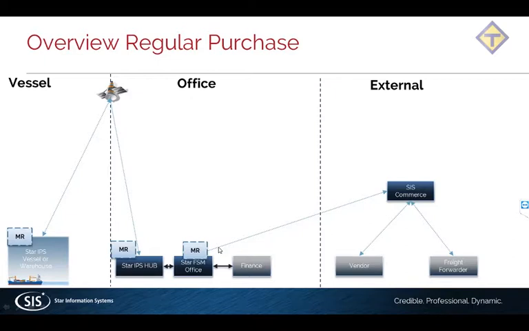Once that's approved, the MER is transferred to the FSM office database. That's a completely different database, completely different software. FSM converts the MER, or replicates a copy of the MER, into another document called the PR, the purchase request.